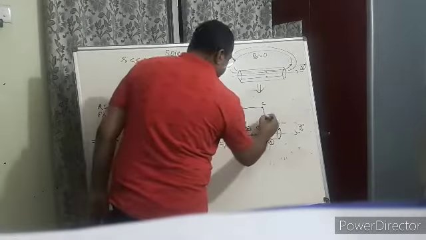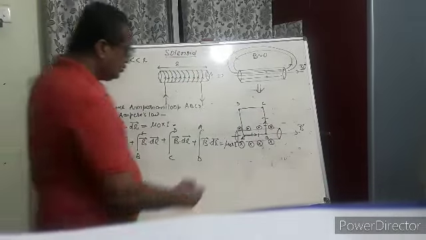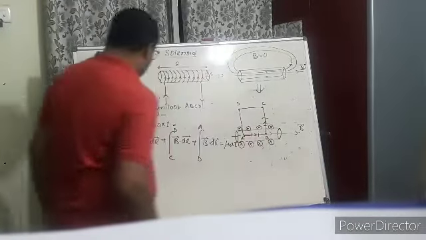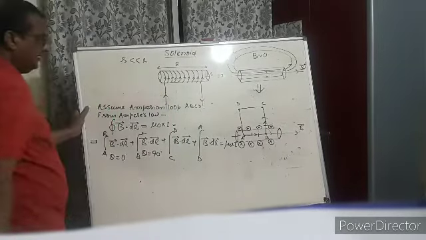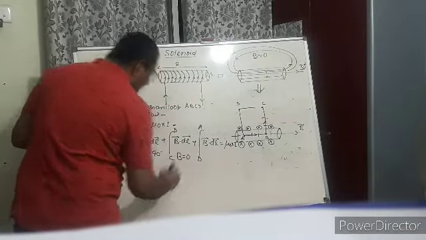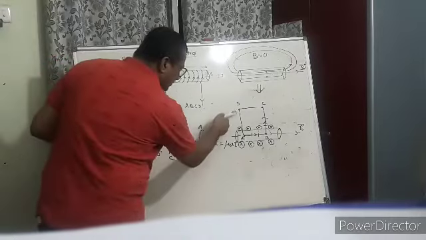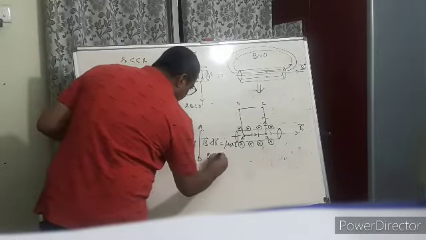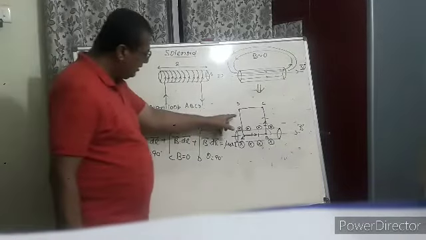From B to C, the direction of dl will be along this direction, so the angle between B and dl will be 90 degrees. This is the outside, where the magnetic field is equal to 0. Then D to A, here also theta is 90 degrees.